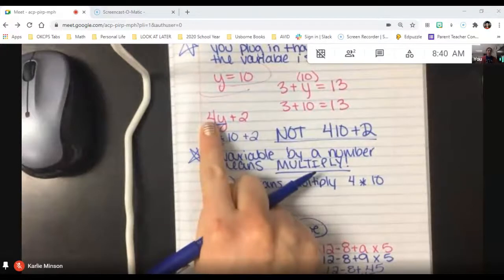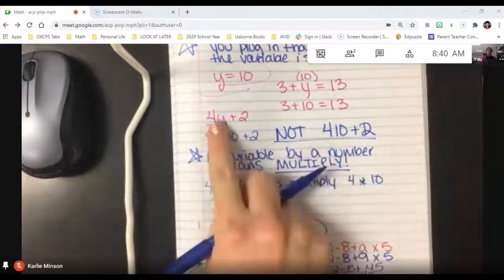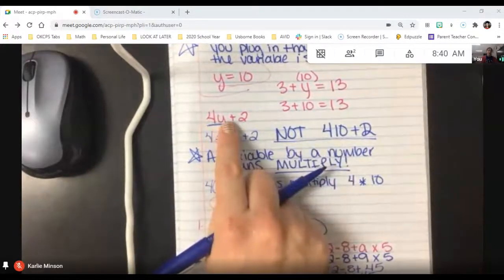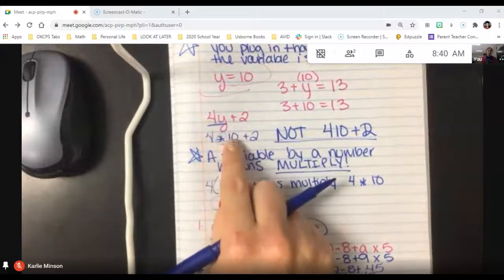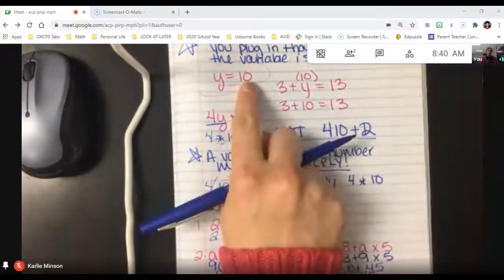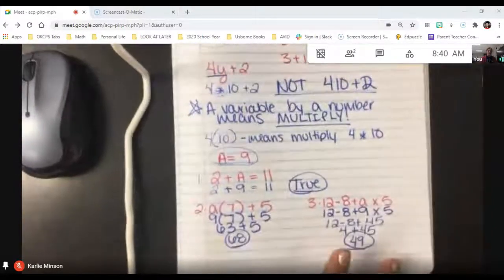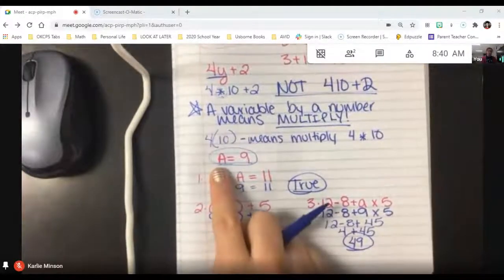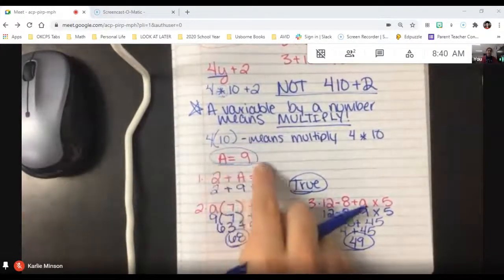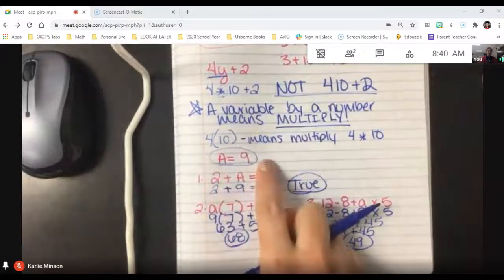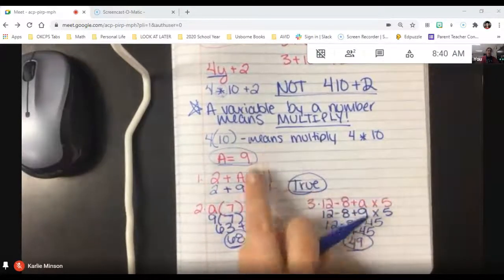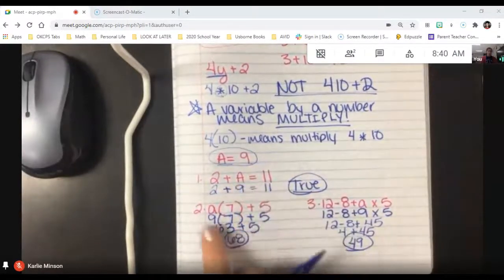So this is not 410, it's 4 times y. So it'd be 4 times 10 because the value of y is 10 up here. When we came down here, our variable was a. It told us our value of a is 9, so we plugged in 9 for wherever we saw our variable a.